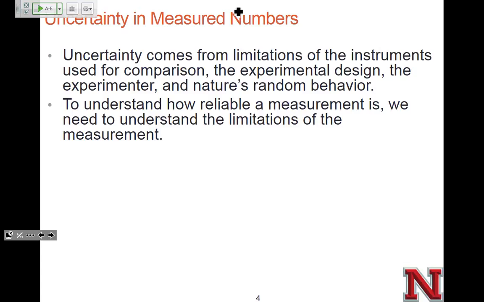For instance, you wouldn't use a volumetric flask that's only in milliliters if you're trying to measure microliters, because it's not going to give you a very precise measurement, because it's just not set up for that value. So that's oftentimes going to be your limitation. Sometimes you won't be able to get an instrument that's as certain as you'd like.